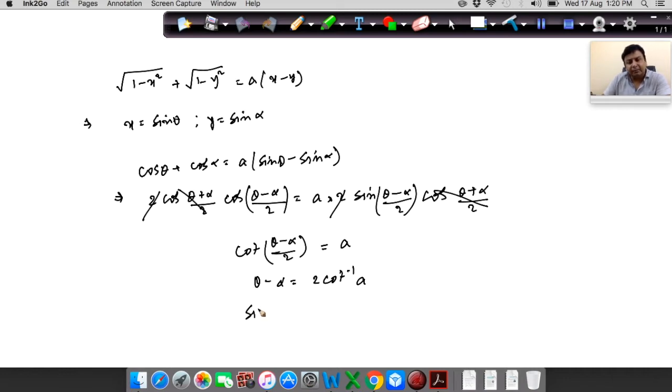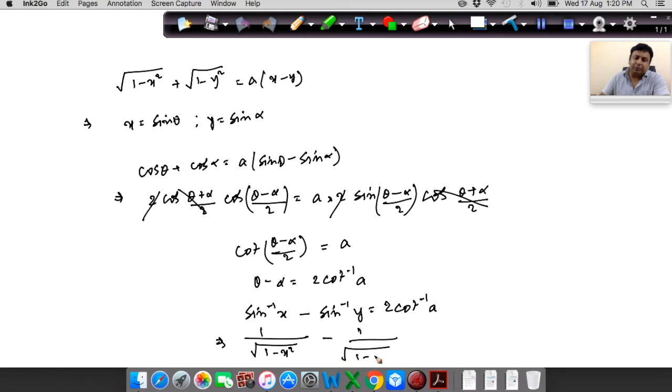Theta is sine inverse x, alpha is sine inverse y, equals to 2 cot inverse a. Differentiate, we get 1 under root of 1 minus x square minus 1 upon under root of 1 minus y square into dy by dx.